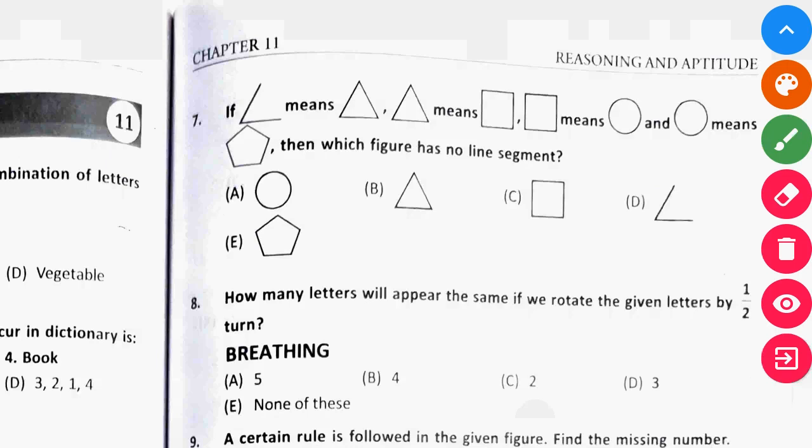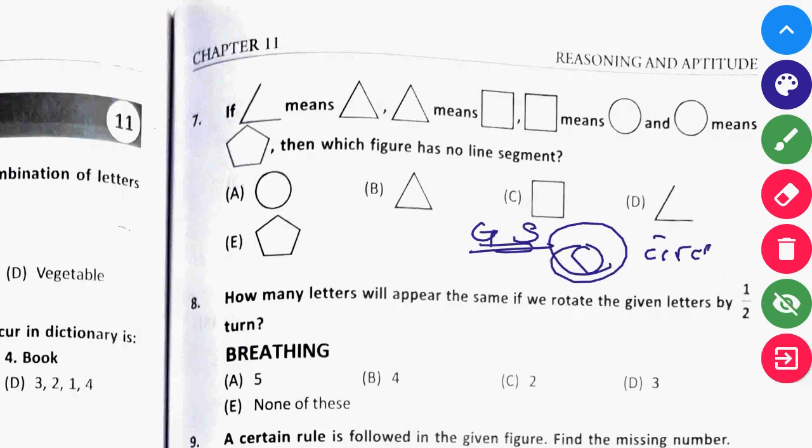is: square means circle, circle means pentagon. Then which figure has no line segment? So you must know which figure has no line segment. In geometrical shapes, a circle is such a figure which has no line segment.